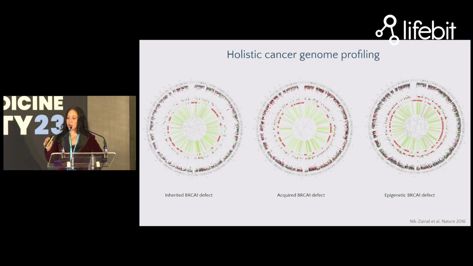Each of these women have tens of thousands of mutations each. They don't share a single mutation in common. Yet by taking this overall pattern, holistic genome profiling approach, you can see that they've turned off this pathway, even in different ways, but they have turned off the same pathway, and their overall profile is very similar.